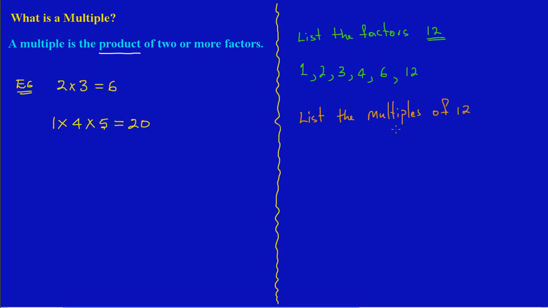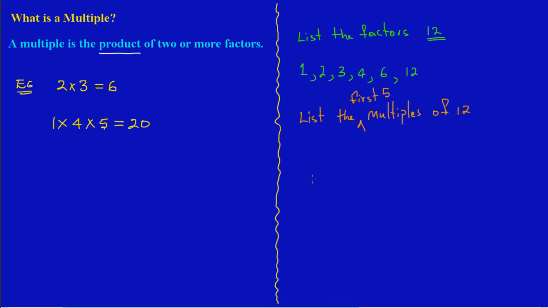I could go on and on and on. So basically I'm going to qualify this statement by saying list the first five multiples of 12. So we're going to list the first 5.